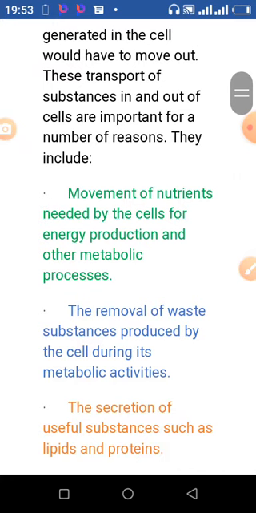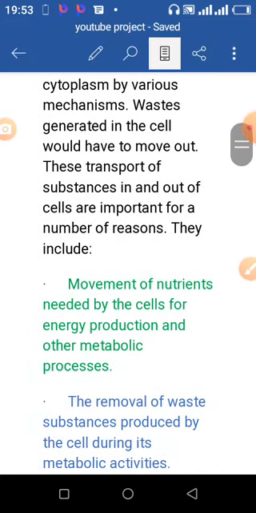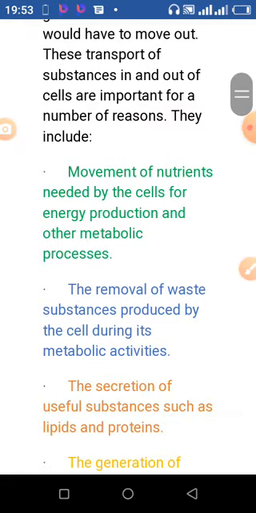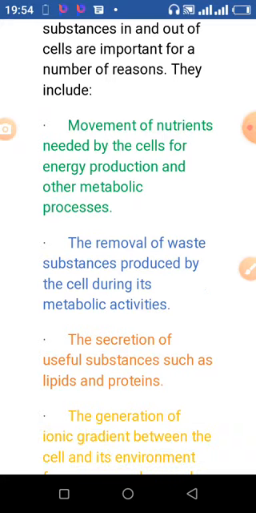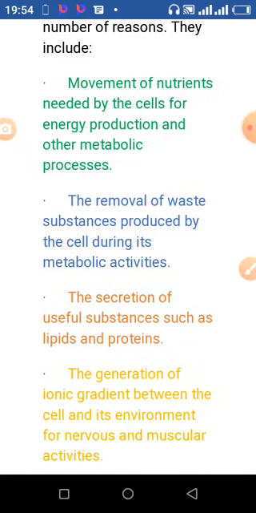All that is trying to say is that these are the reasons why substances need to move in and out of the cell. Some of the reasons are the movement of nutrients needed by the cell for energy production and other metabolic processes.